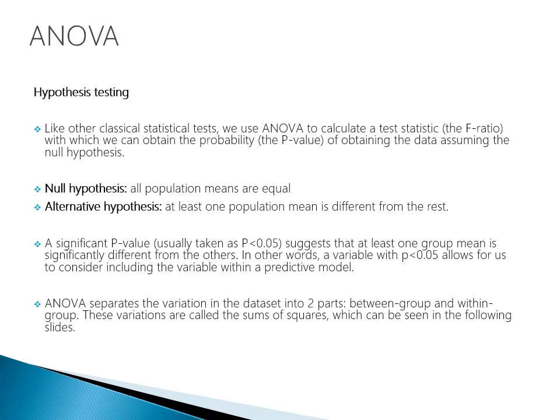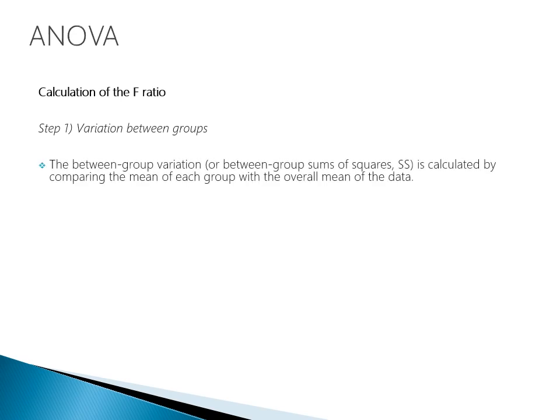ANOVA separates the variation in the dataset into two parts, between group and within group. These variations are called the sum of squares, which can be seen in the following slides. First, we're going to perform a calculation of the F ratio. The first step is determining the variation between groups.